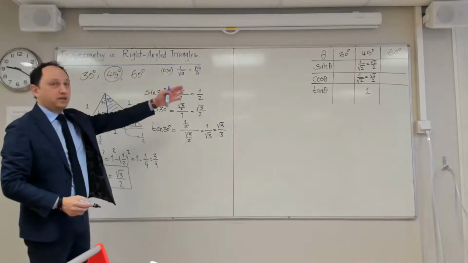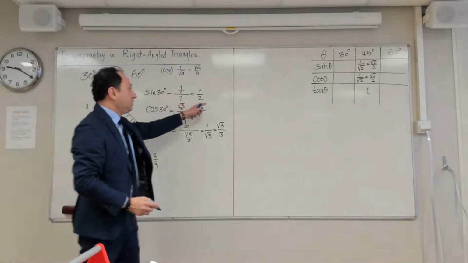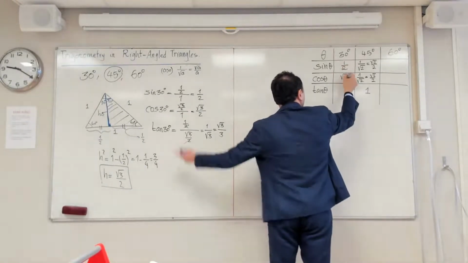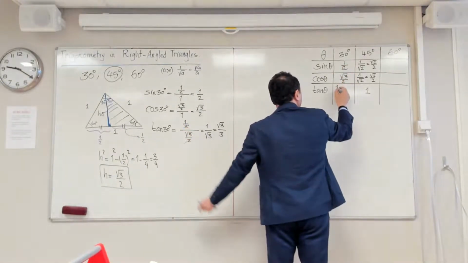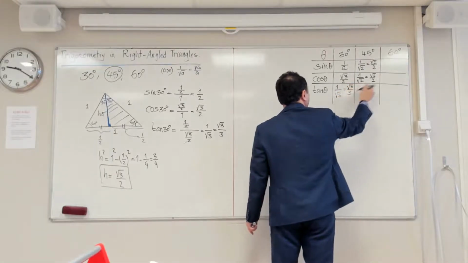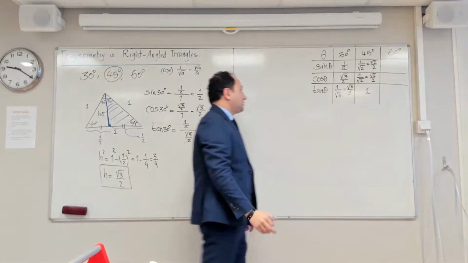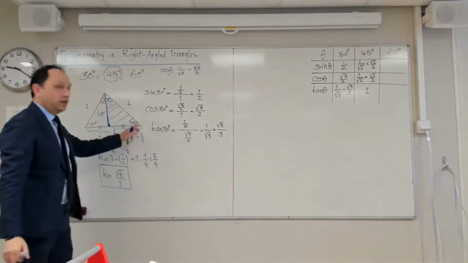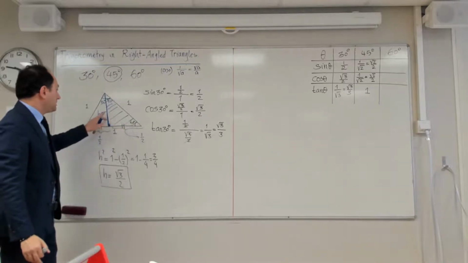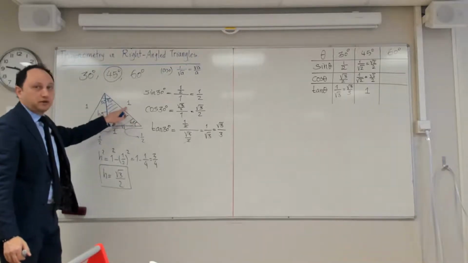So now let us fill up the gaps. Sine of 30 degrees is 1/2. Cosine of 30 degrees, we calculated square root of 3 over 2. And tangent of 30 is 1 over square root of 3, which is equal to square root of 3 over 3. For 60 degrees, I can start calculating it once more. I can calculate, I would say sine of 30 is the opposite side divided by the hypotenuse.